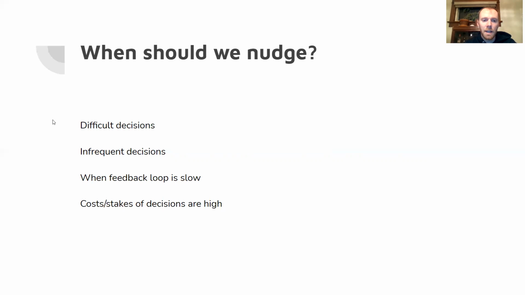when the cost and stakes of decisions are high. All of these are scenarios where we may be prone to make bad decisions, and having a little bit of help to push us towards the best option for ourselves would be helpful to maximize the consequences of our decisions.